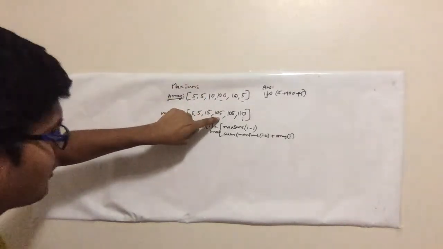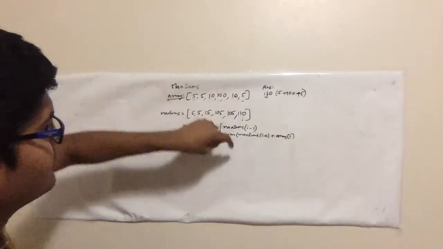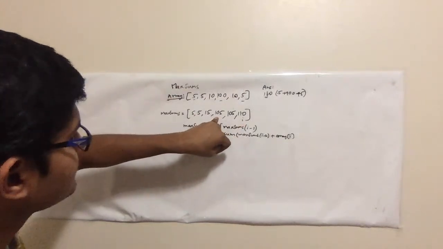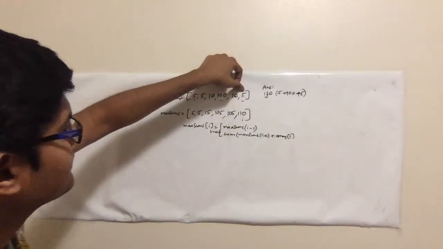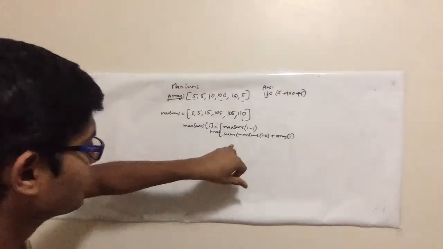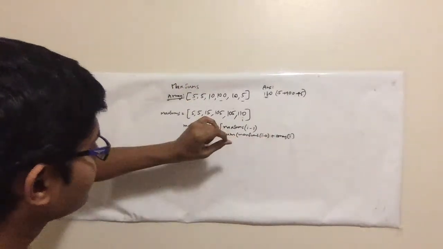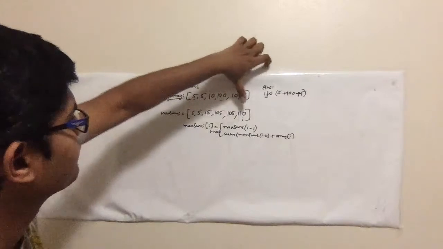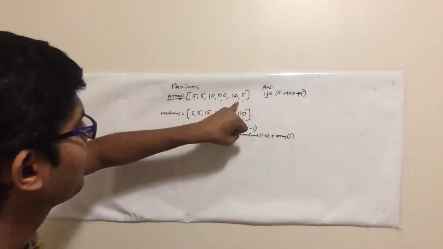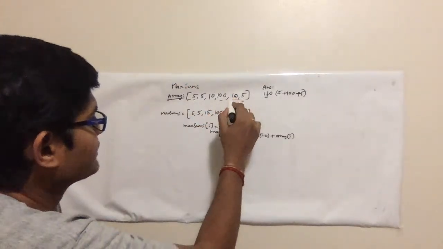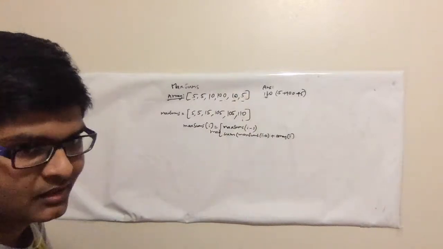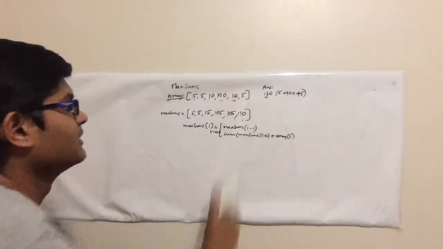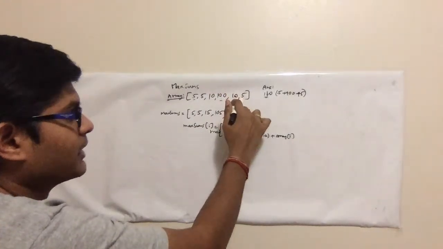So 105 plus 5, which is the I minus 2th element, and I, if that is the biggest number, is what is written here. Or say, for example, if 10 is considered, then we cannot consider the 5th element.